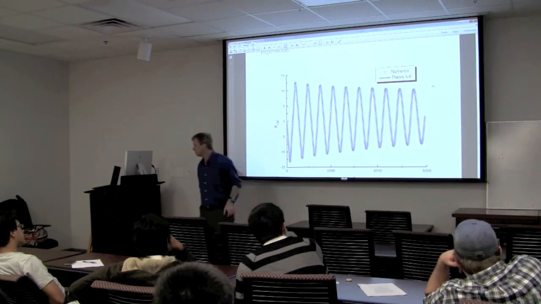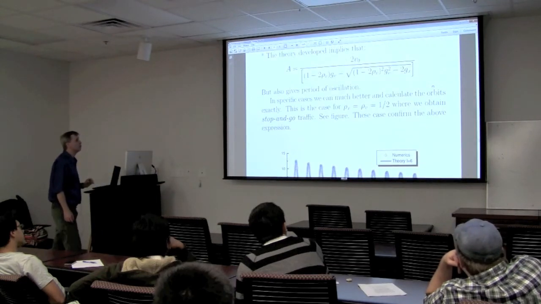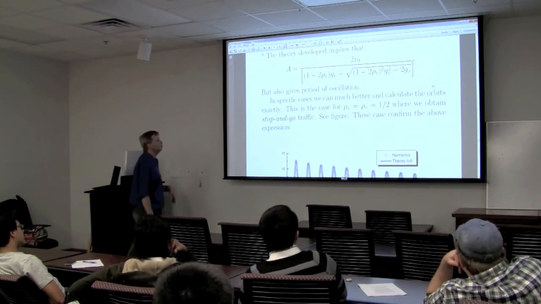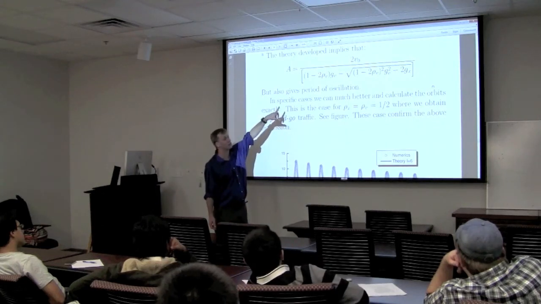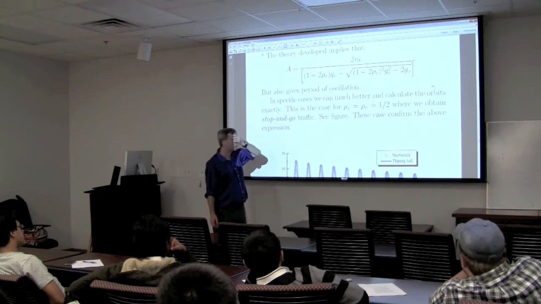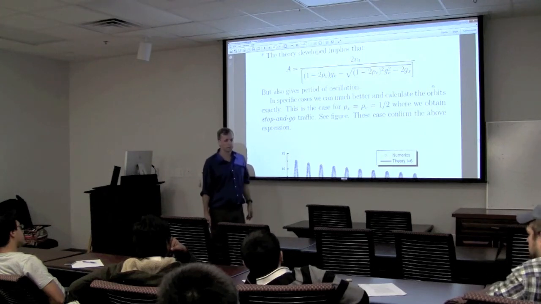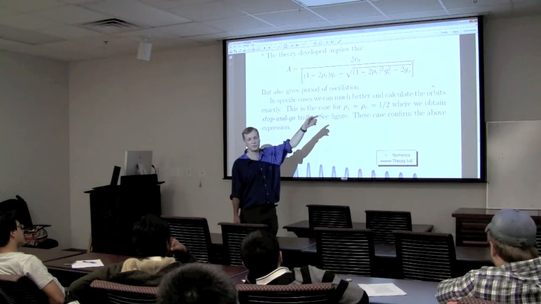And indeed, if you look at this expression, and I put it here on purpose, if rho is 1/2, you get the square root of 2 divided by minus g. G is negative, so minus g is positive.